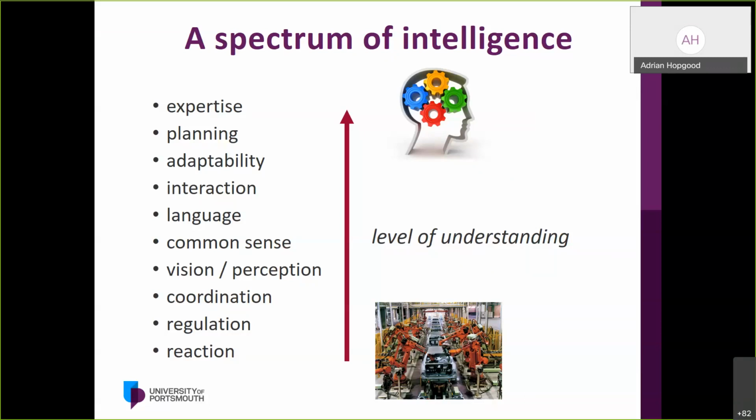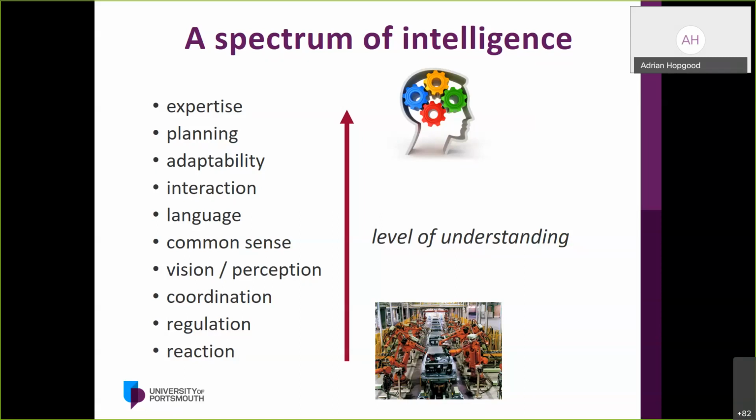And perhaps what's slightly counterintuitive is that the areas that have proved most difficult to build into a computer system have been the areas in the middle, which we humans can do with barely a conscious thought. Things like language and common sense, perception. Common sense meaning sort of adapting really to new situations in a sensible way. Vision and perception.